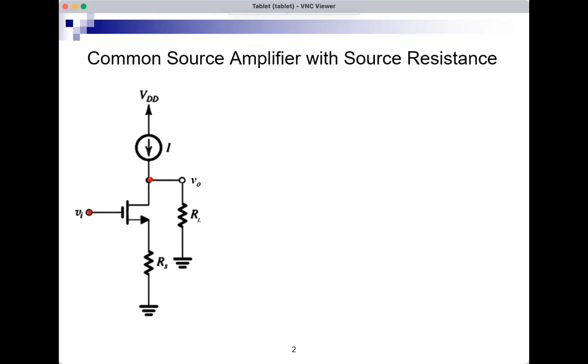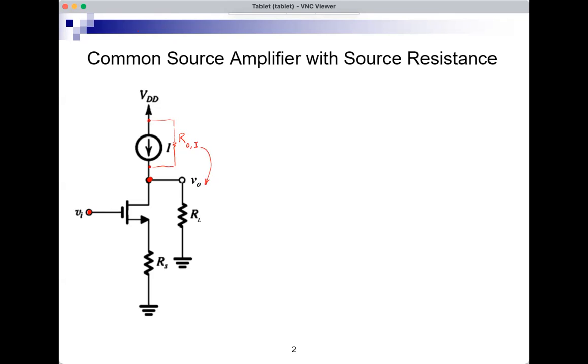This output resistance, RO of the current source I, would appear between the drain and signal ground, since the supply is signal ground, and therefore it will be in parallel with RL. So I can include it in RL.